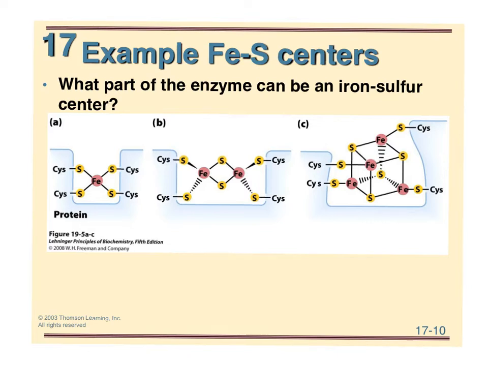Aconitase, which had the Ferris wheel. These are some of the different geometries that these iron sulfur centers can have. I'm not an electrochemist, but based off the geometry, it affects its electron potential and its ability to transfer electrons. That's why the geometry is important. But don't ask me how or by how much, which one is better in this instance or that instance.